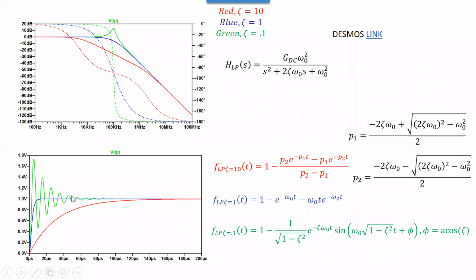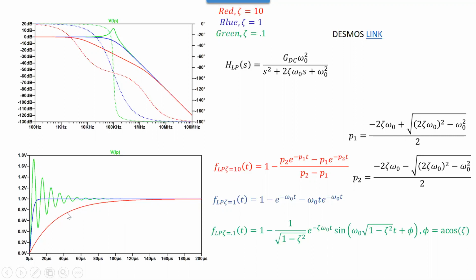So here you can see the Bode plot and the step response. And the fact that it's low pass, you can still see that. You should be able to identify that. This one, is it critical or is it underdamped? Well, you know that it's overdamped because I'm telling you that's critically damped, right?